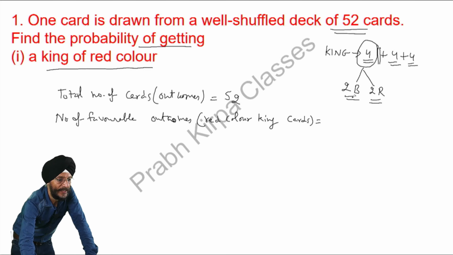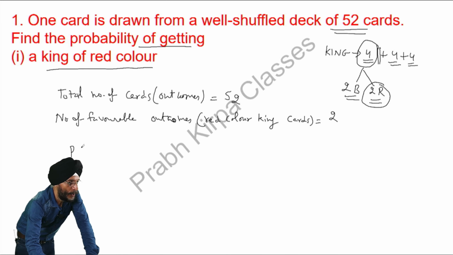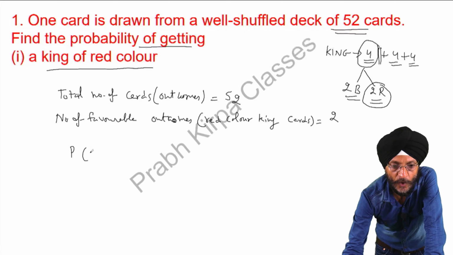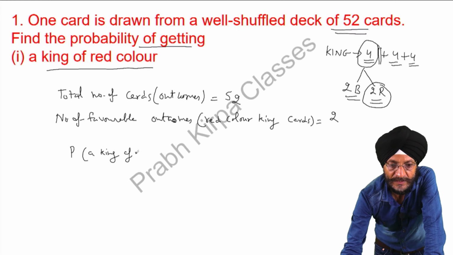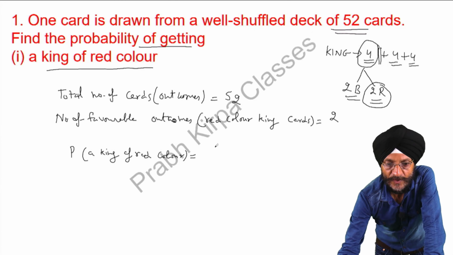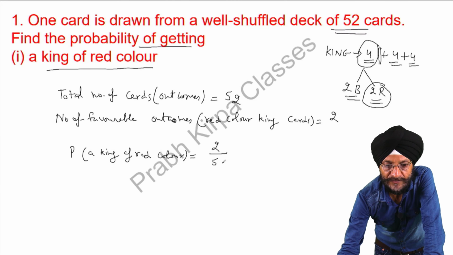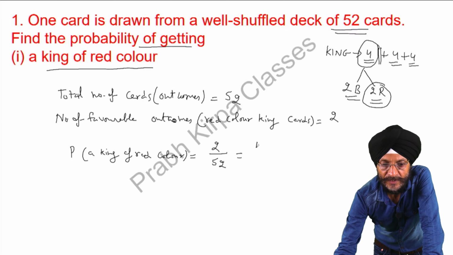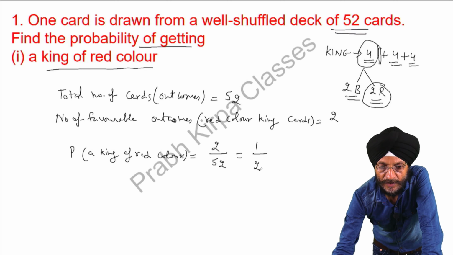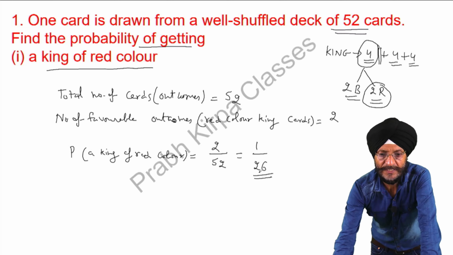We have found out that these are 2. So what is the probability of a king of red color? 2 over 52, 1 over 26. This is the first part of the question.